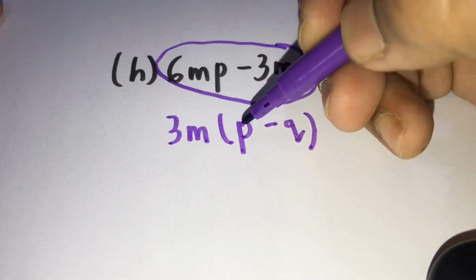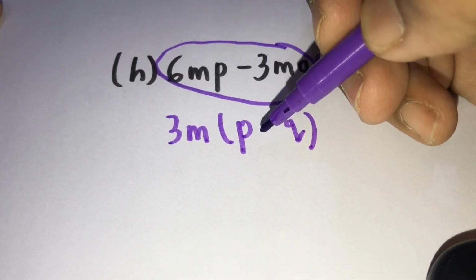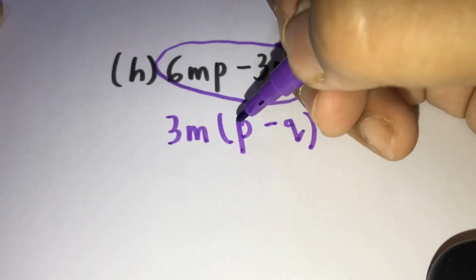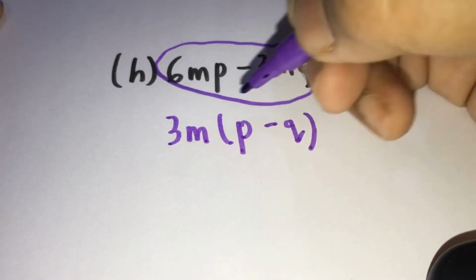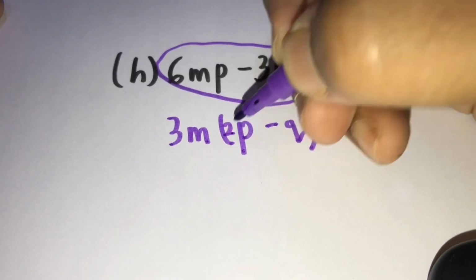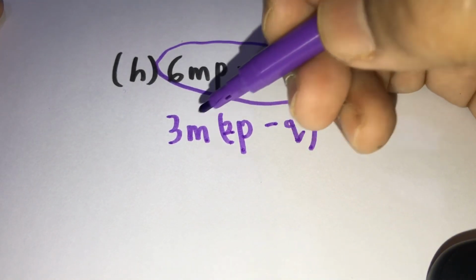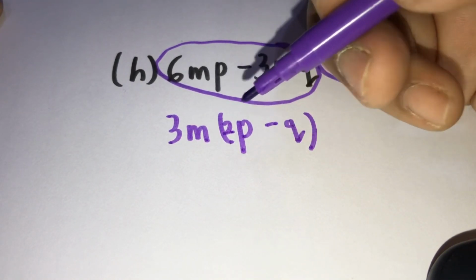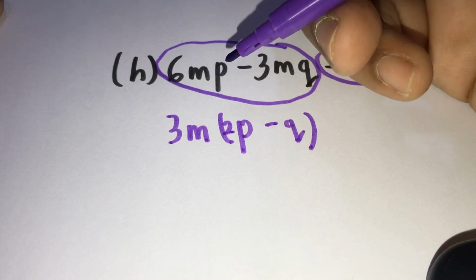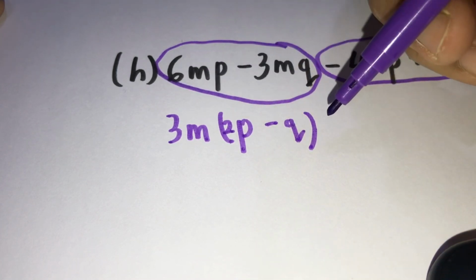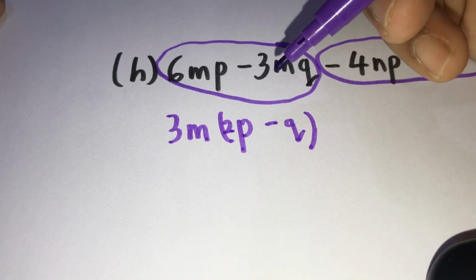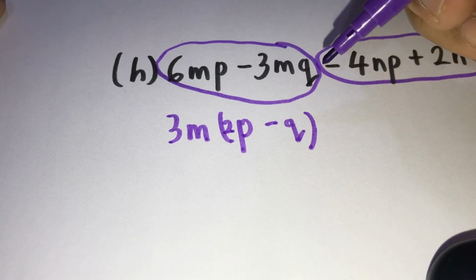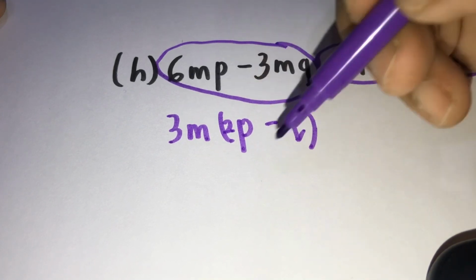When you expand, 3 times 2 becomes 6, so here 2P. 3M times 2P, you get 6MP. 3M times negative Q, you get negative 3MQ. So correct.